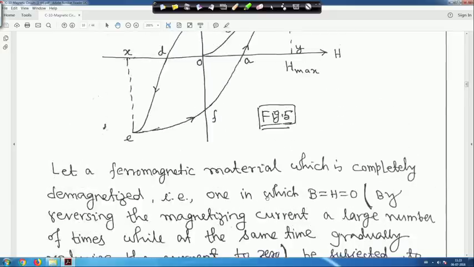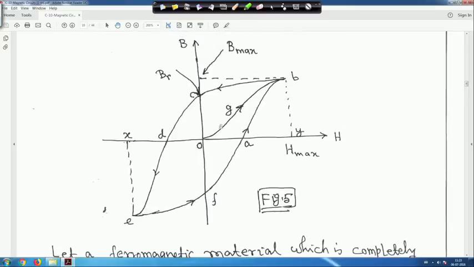That means the current is increasing and you will reach a value that is OY, this is O and this is Y, right. After that, even if you try to increase H, up to H max, you will find that the flux density is not increasing. So, this is the maximum value after saturation, and this is your maximum flux density.